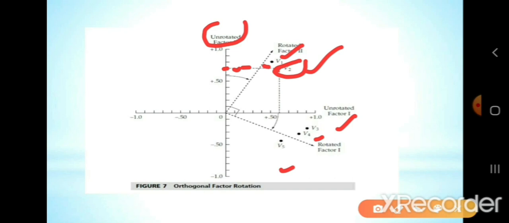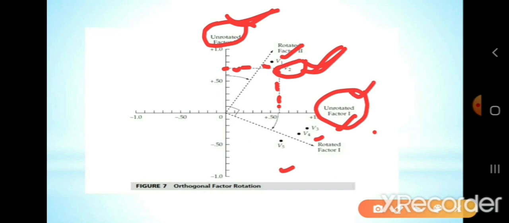Similarly, we can draw a vertical dashed line from variable 2 to the horizontal axis for unrotated factor 1 to determine the loading of variable 2 on factor 1. This is how we find the loading of each variable on unrotated factor 1 or unrotated factor 2.